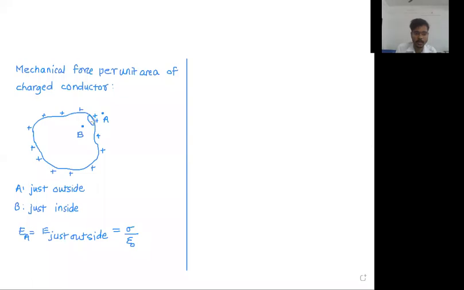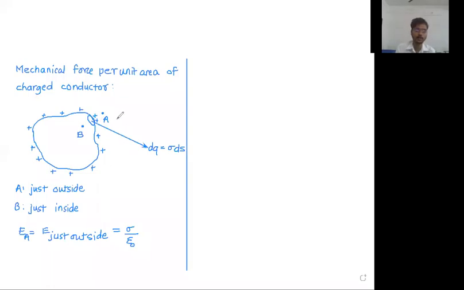If you want to find the very small charge dq on a small area ds, it will be dq equal to sigma into ds. Epsilon 0 is the permittivity of free space. So this is the electric field just outside the conductor.